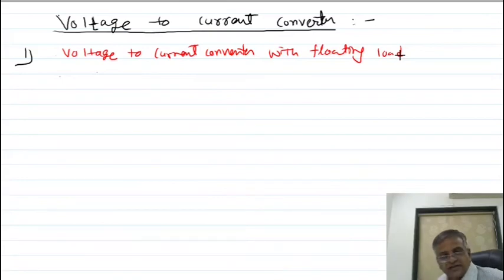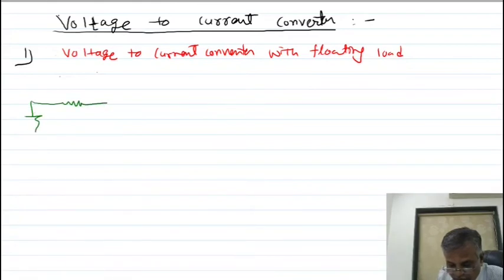So we are discussing the first circuit, voltage to current converter with floating load. Then in the next lecture we will discuss voltage to current converter with grounded load. The circuit diagram of the voltage to current converter is as shown in the figure.